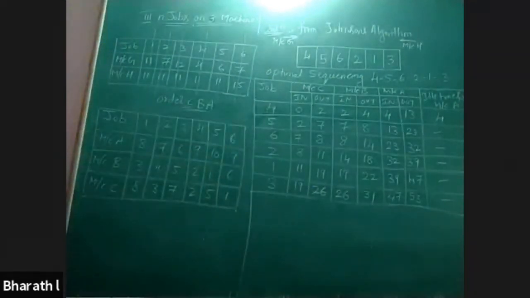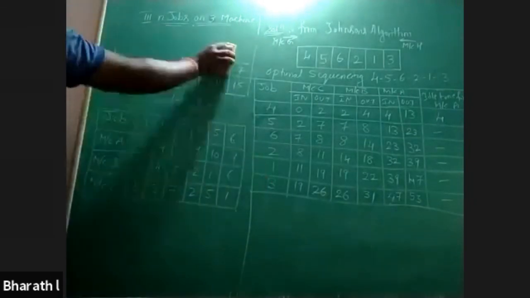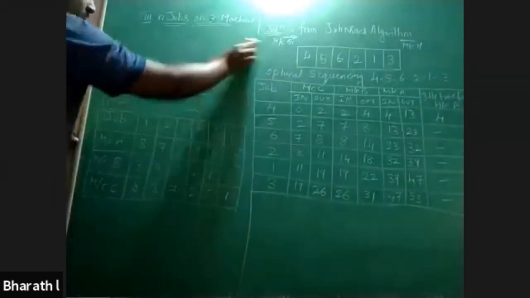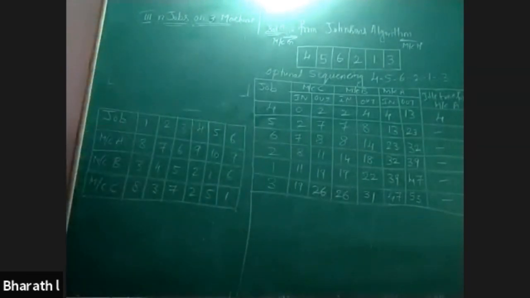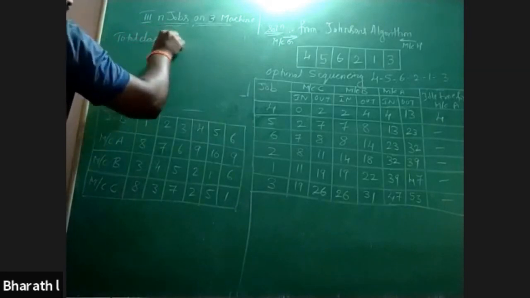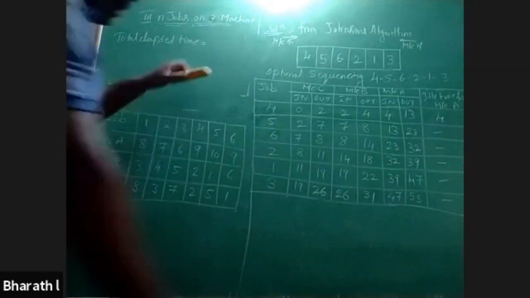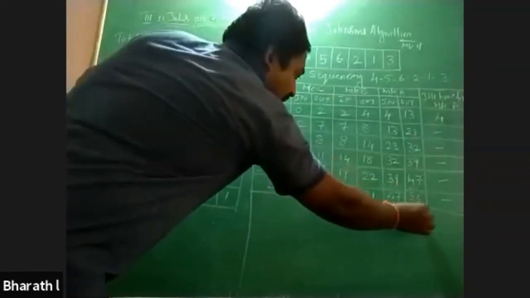The next, after filling this table, we need to write the total elapsed time. The total elapsed time from the table is given by the out time at the last machine, which is 53.